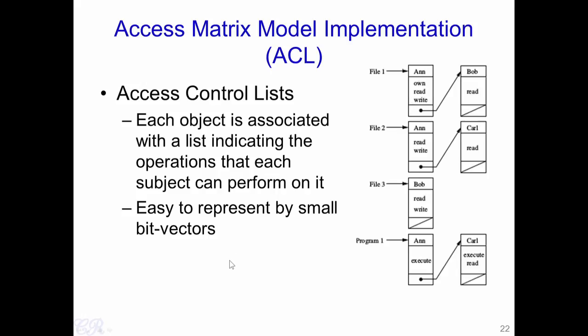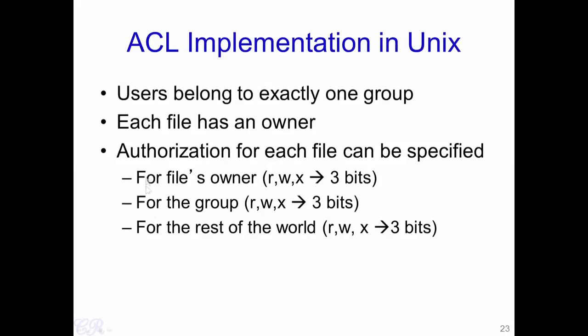So, the advantage that we get with this particular thing is that it is easy to represent by small bit vectors. So, if you look at how Unix actually implements this ACL, we see that every file in a Unix system has 9 bits associated with it. So, this gives the authorization for each file to be specified. For instance, there are 3 bits which specify read, write, execute for the file, for the owner of the file.